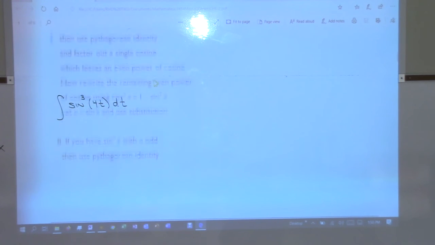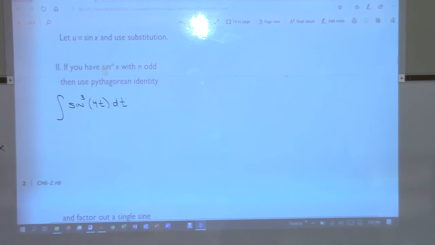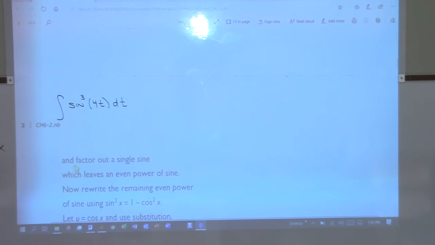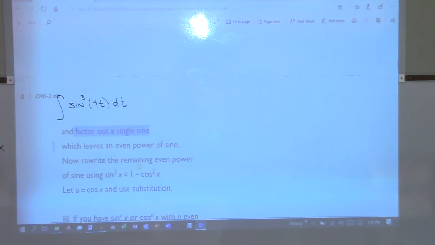No. If we have sine raised to an odd power, do we have that? Yes, we do. Then it says we are going to factor out a single sine, which leaves us an even power of sine, and then we're going to rewrite that even power using the Pythagorean identity. That's it in words.